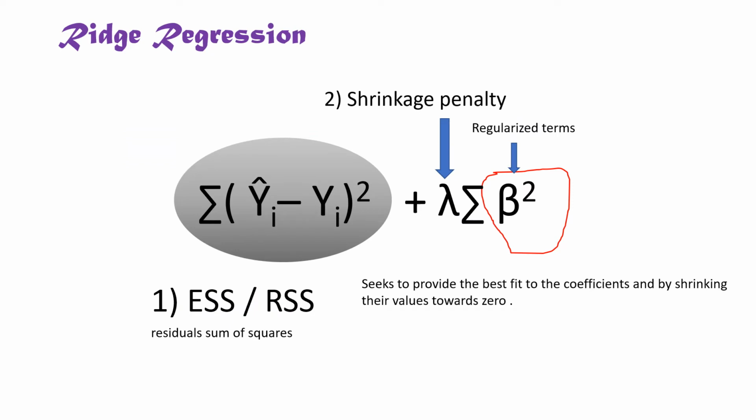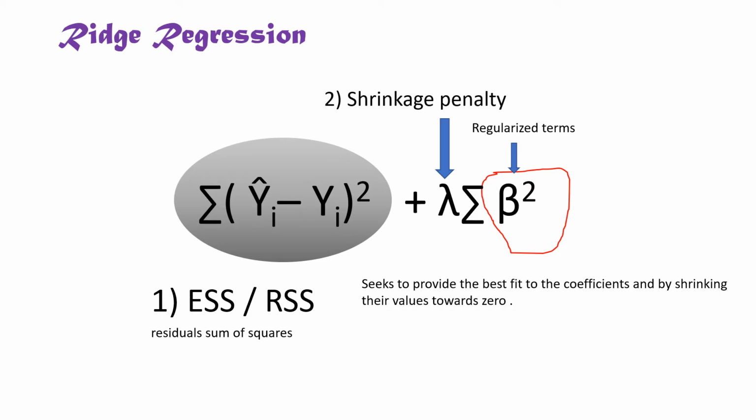Ridge regression seeks to provide the best fit to the coefficients by shrinking the values of the regression coefficients towards zero. As you can see from this equation, there are two main components to ridge regression. The first component is similar to ordinary least squares regression, and it is the error sum of squares or the residual sum of squares.